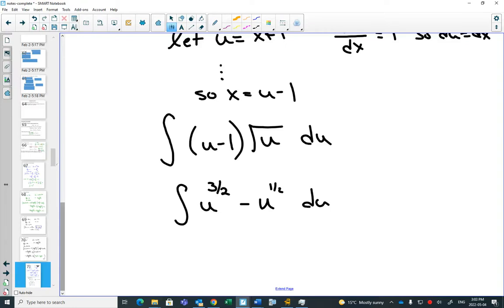And now I have something that's easy to integrate. No chain rules, no substitution, no integration by parts. The integration of this would just be add 1 to the exponent and divide.